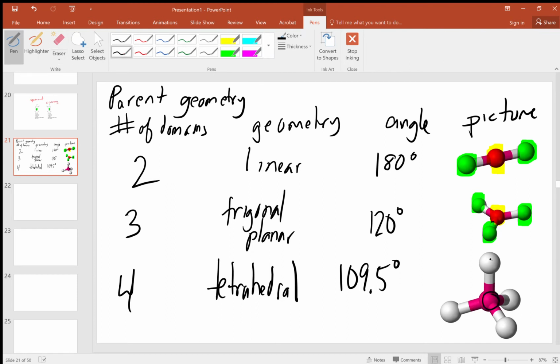And 4 atoms. These 2 are in the same plane as the paper, or as the page. This one is coming out toward you, and this one is pointed away from you. Tetrahedral ends up being very important because that's what we find primarily for carbon.